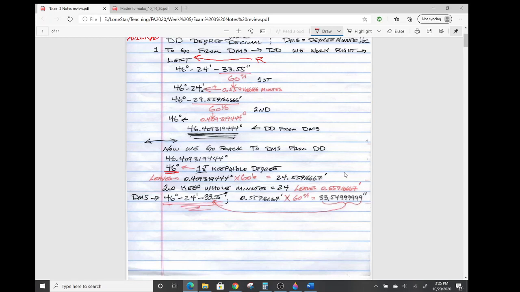Second thing you're going to do is keep the whole minutes. So you pull the 24 minutes out, and that leaves you with the fractional minutes, 0.559166667. Now you multiply this times 60, that's 60 seconds per minute, and you end up with 33.54999999999999.